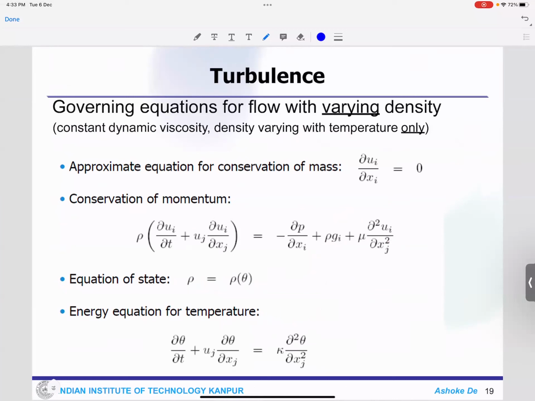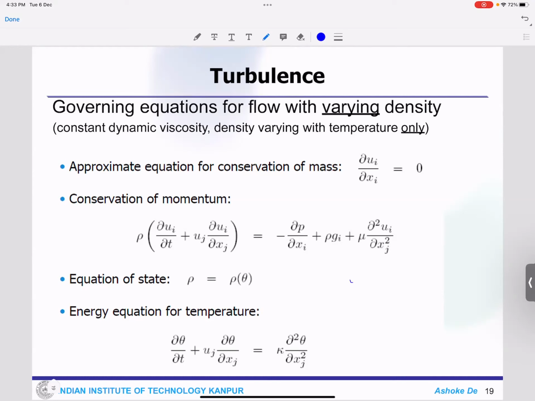Now, similarly, if I extend this to variable density, I can still be in the incompressible range, but the flow could be variable density, which is a primary example of a laminar burning system, for example, a candle burning. This is a very simple example where your flow is laminar, but it's variable density.